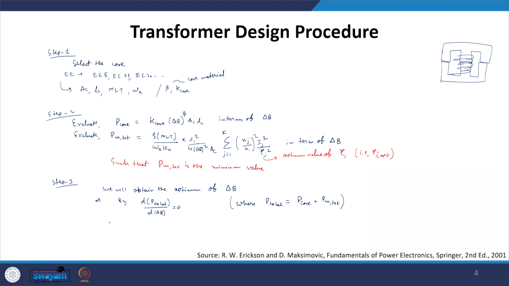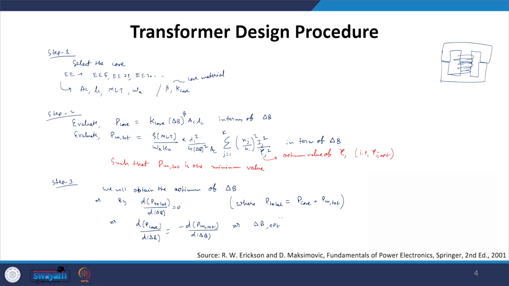Now this implies that we get the derivative of P core by delta B. Now when we solve this, we will get the delta B optimal.